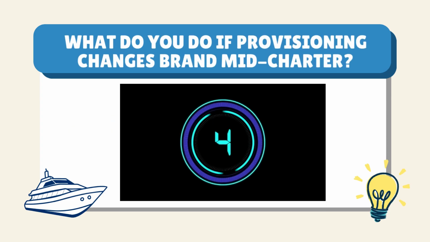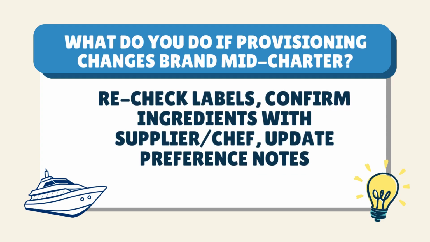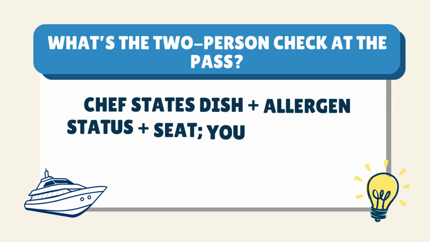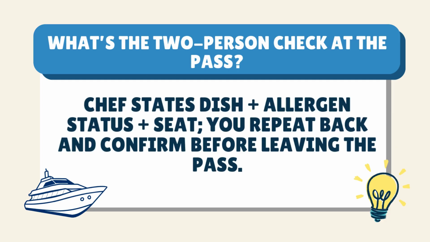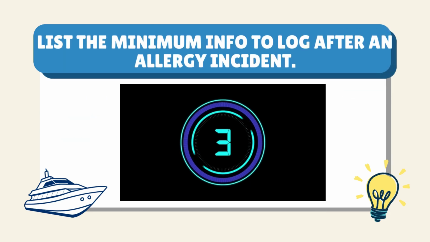What do you do if provisioning changes brand mid-charter? What's the 2-person check at the pass? List the minimum info to log after an allergy incident.